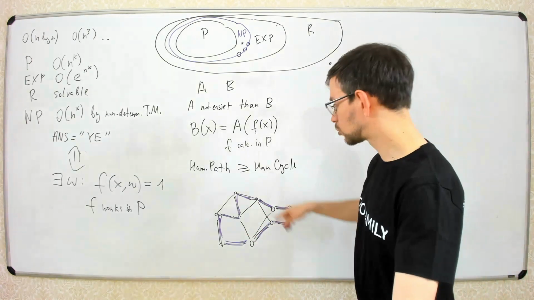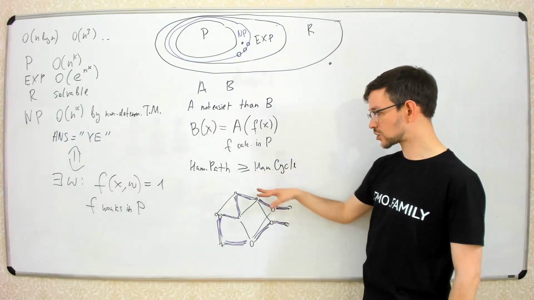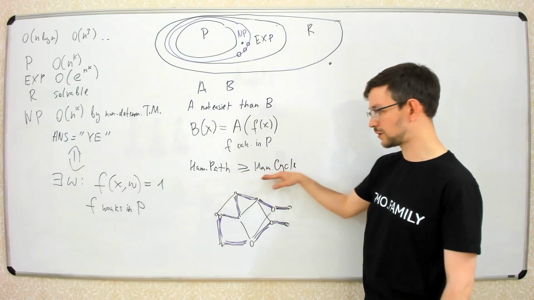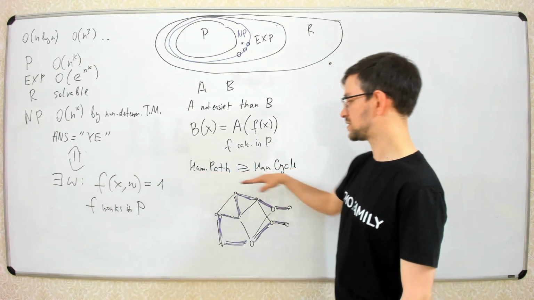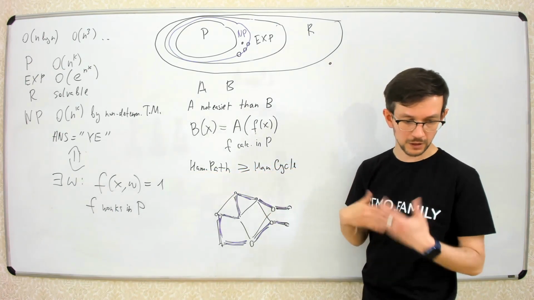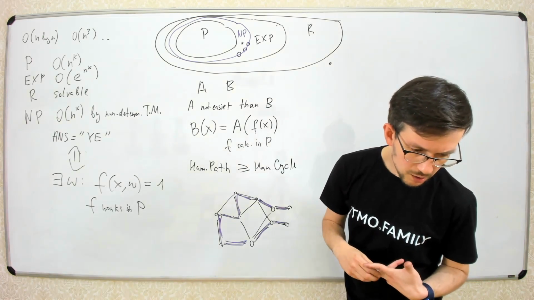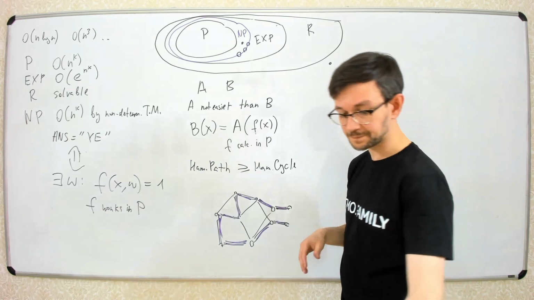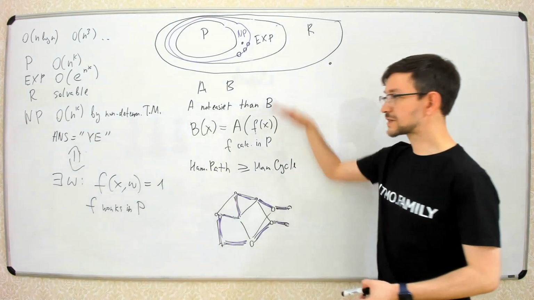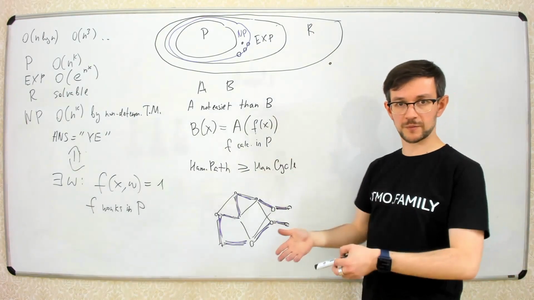So if you know how to build a Hamiltonian path, then you actually can use this function to build the Hamiltonian cycle. It means that building a Hamiltonian path is not easier than building a Hamiltonian cycle. Okay. That's how to prove that one problem is not easier than another problem.